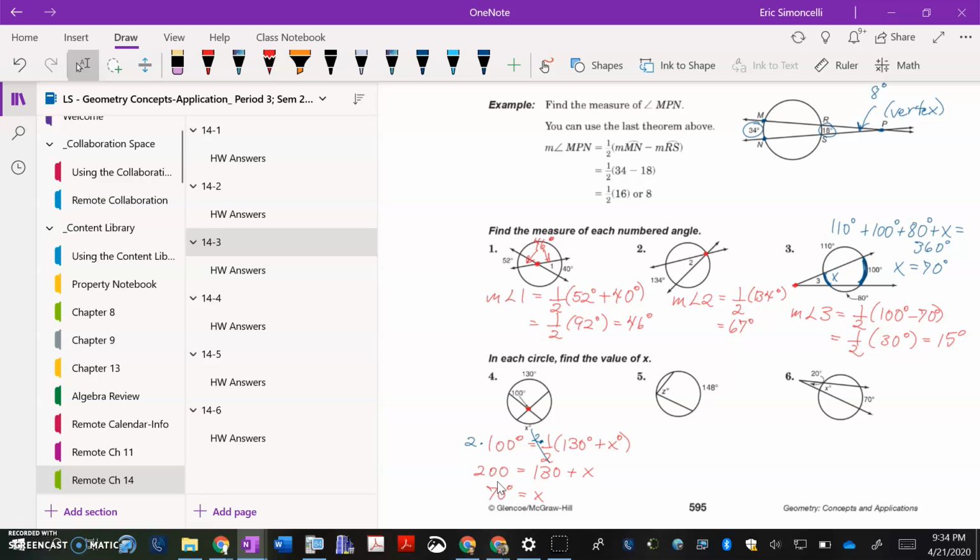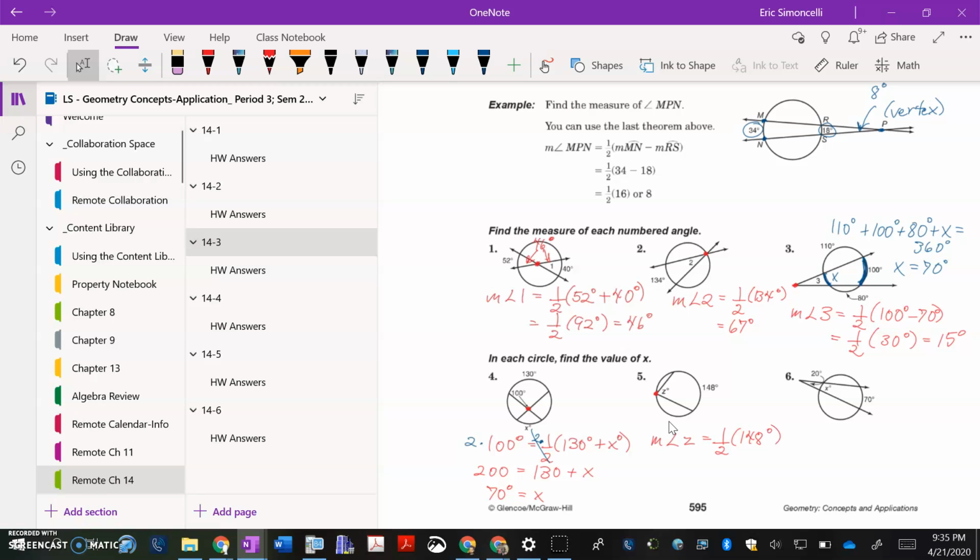Number 5. So this particular problem actually is very similar to number 2. Here's the vertex. This is actually another question from a prior section. This is technically an inscribed angle. This is not one of the two new theorems that we're applying here. The math does look like the following. So the measure of angle Z should be equal to 1/2 of 148.